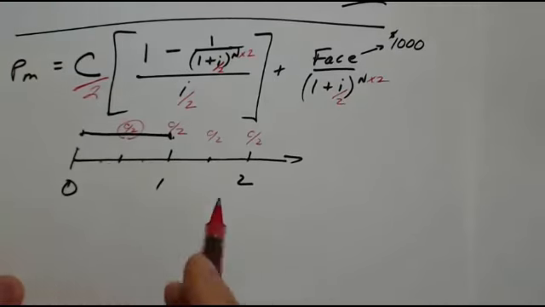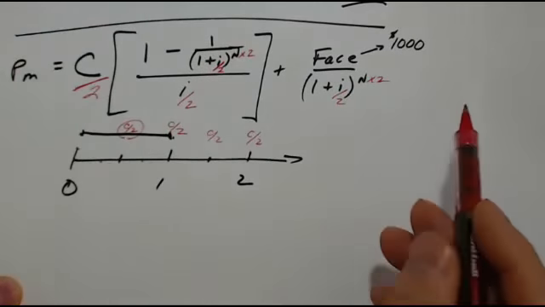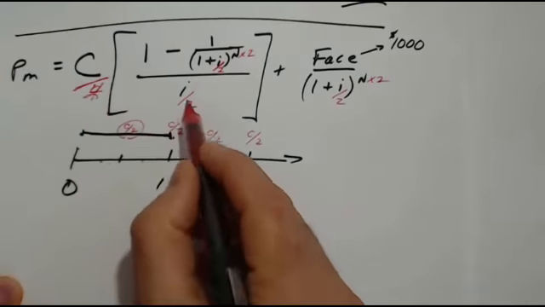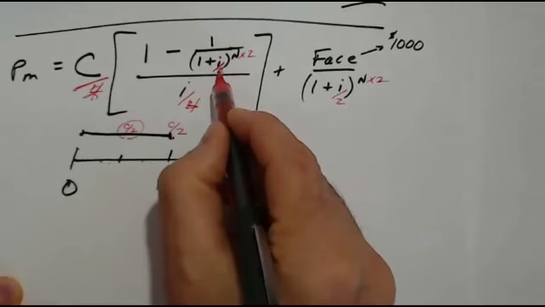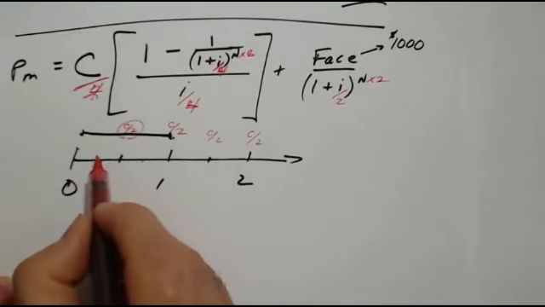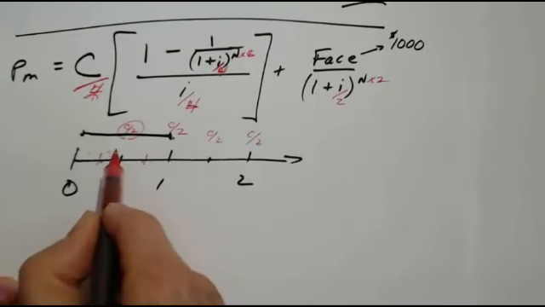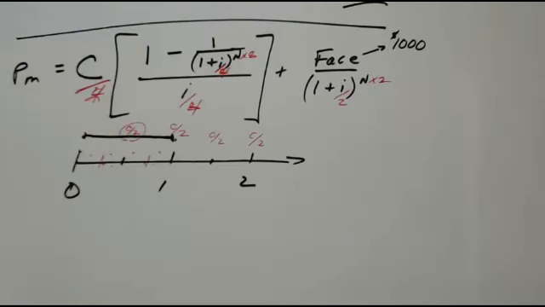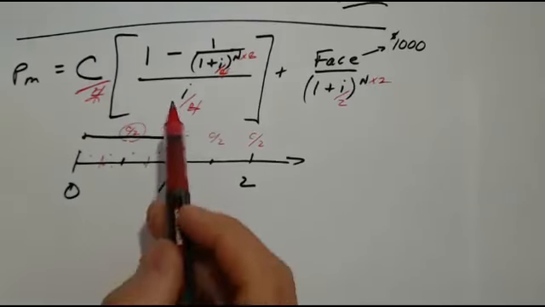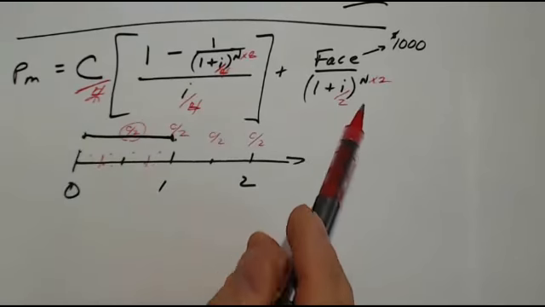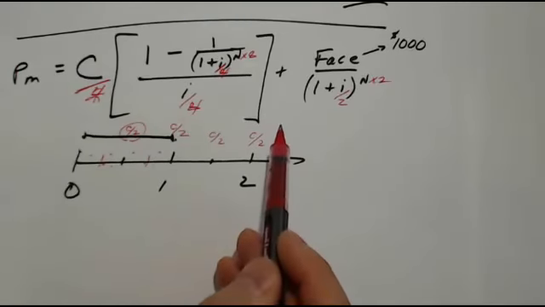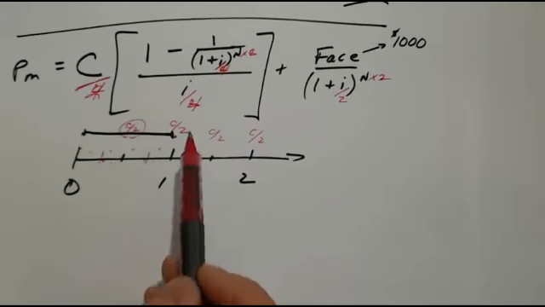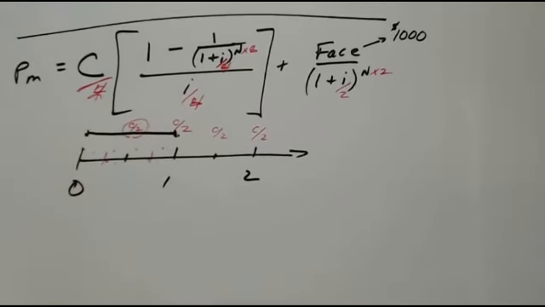If this is a quarterly bond, then you would take all these 2's and put 4 in their place, because you would have 4 periods, 1, 2, 3, 4 periods in a year. Okay, so that's how you do it semi-annual. This formula, if you don't have a financial calculator, is the formula that you're forced to use. I would strongly advise a financial calculator so you don't have to do this. It becomes a lot easier.